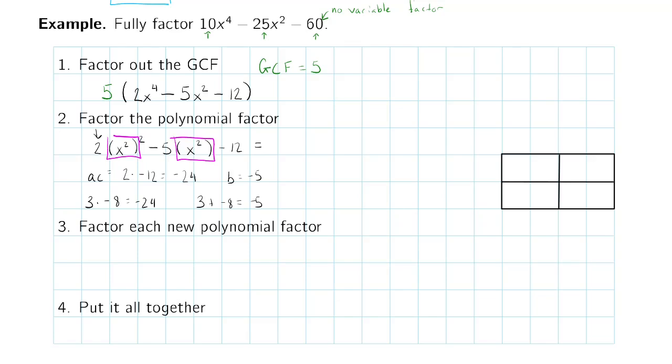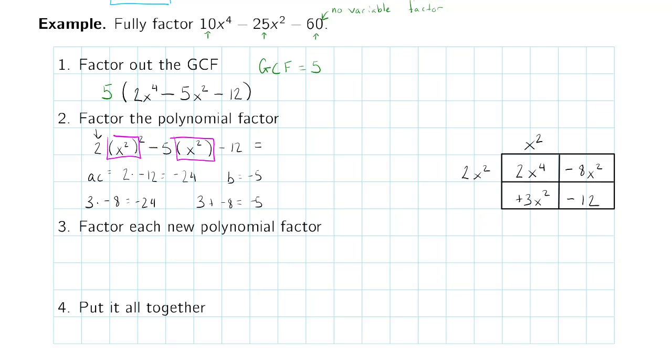We'll set up a rectangle to use to factor, and we'll start by filling in our 2x to the 4th and our negative 12. Then we split up that middle term as a negative 8x squared plus a positive 3x squared. Now we look at the first row, and we see that the greatest common factor in the first row is 2x squared. 2x squared times what gives us 2x to the 4th?